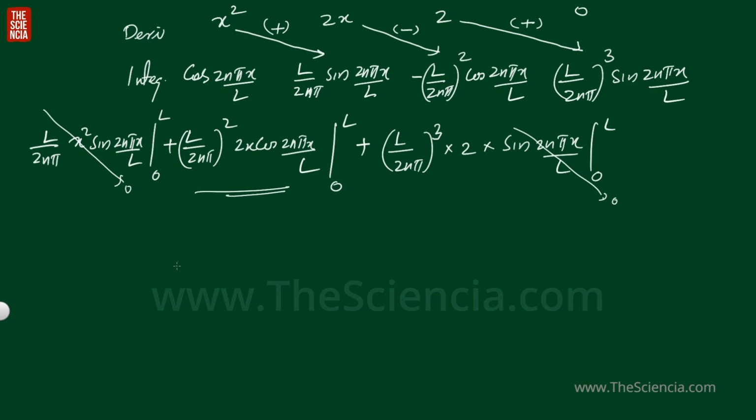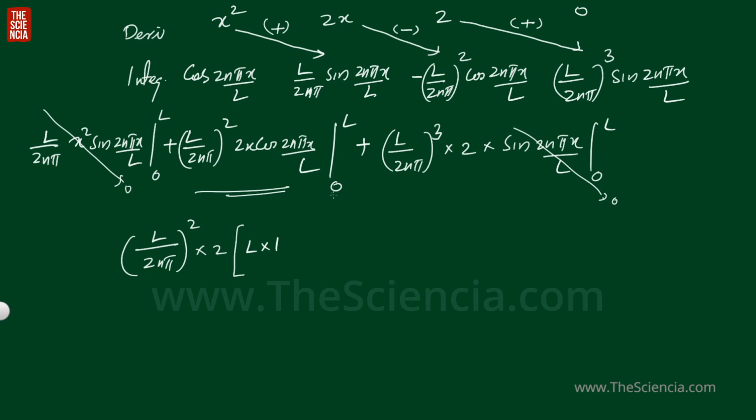So what will be its value? That is L by 2n pi all square into 2. Now we have to substitute the upper limit, that is L into cos 2n pi x by L. When we substitute, this L cancels, and we get cos 2n pi, that is equal to 1.